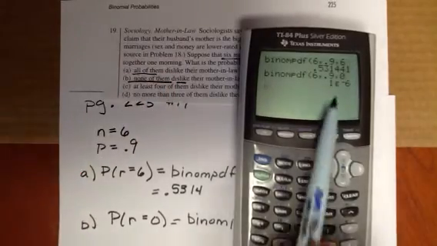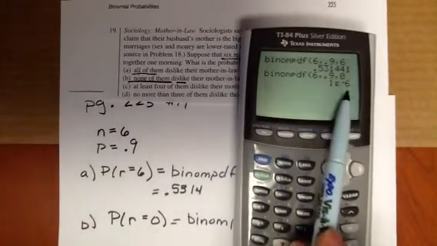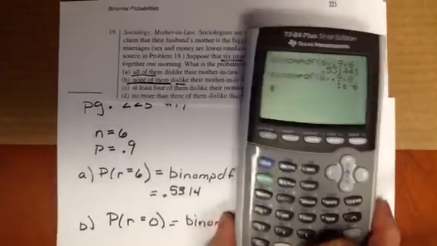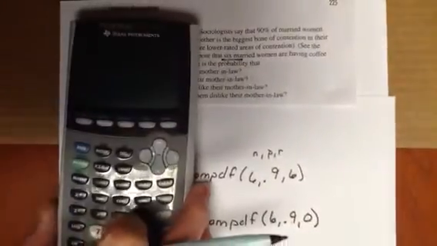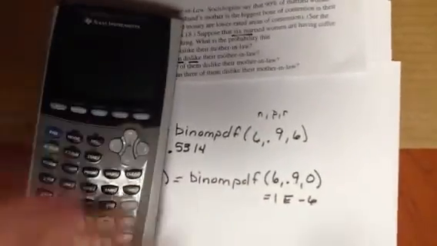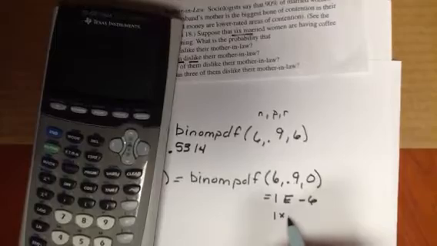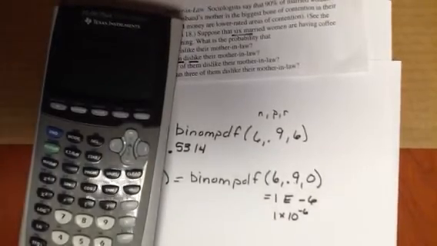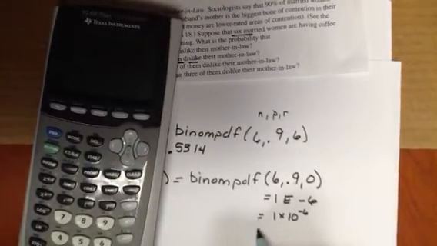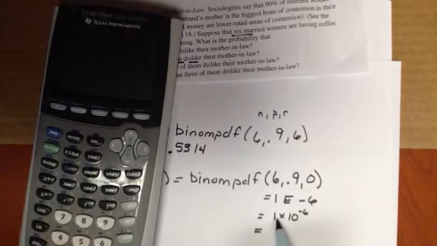Okay, now this is interesting. 1e negative 6. What does that mean? Okay, you don't want to write that as your answer because your calculator says 1e negative 6. What it really means is that's how the calculator shows scientific notation. So what you have to know is, what does that mean? That means I take wherever the decimal point is, which would be understood to be right here, move it 6 places to the left.